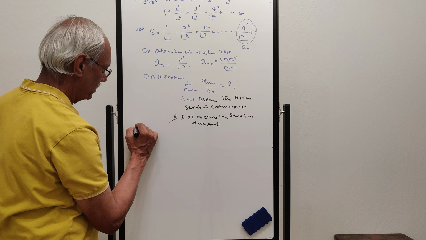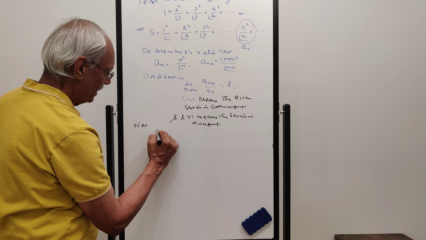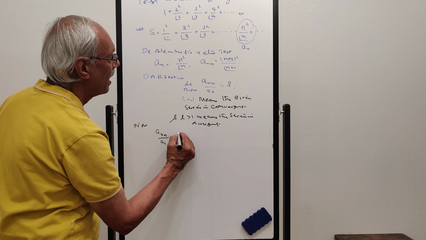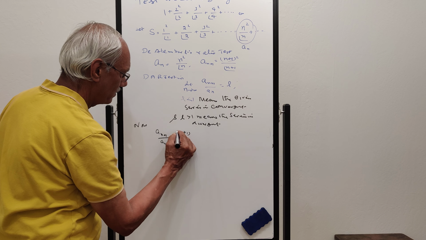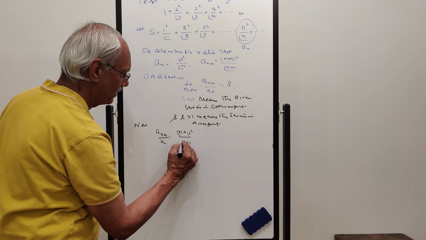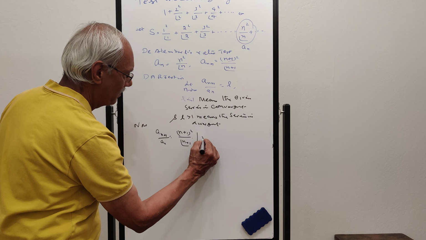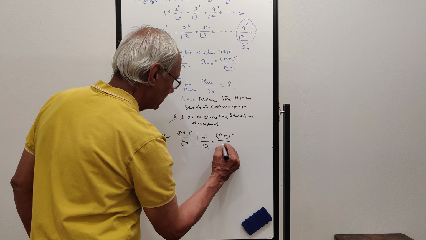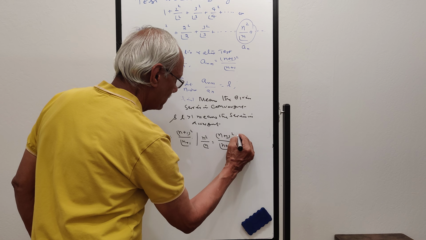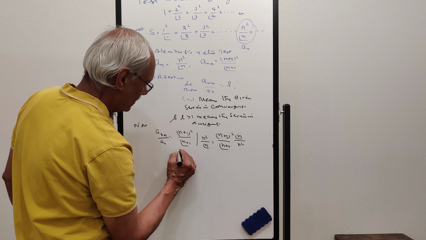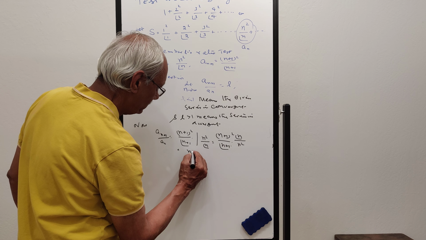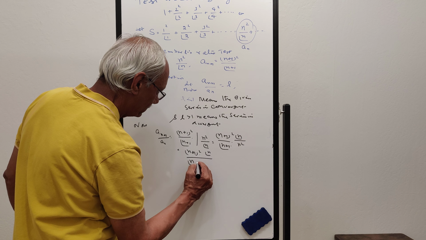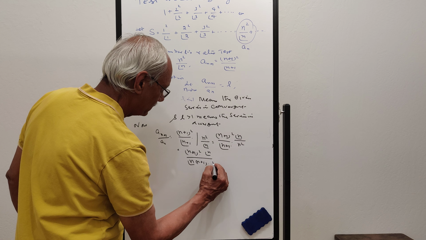Now we have here an plus 1 by an, which is equal to n plus 1 whole square by n plus 1 factorial divided by an.